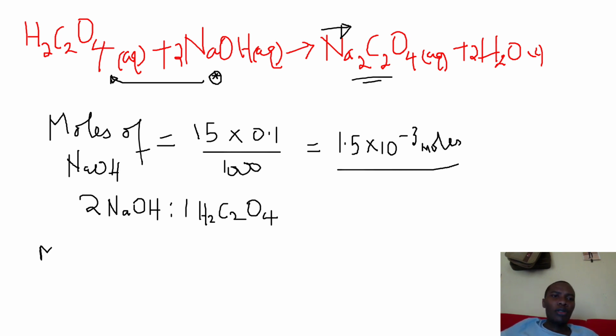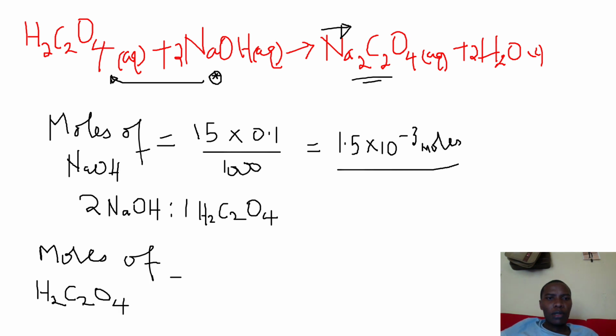So moles of oxalic acid, the H2C2O4, equal to a half. So it's 1 out of 2 times the 1.5 times 10 power negative 3.